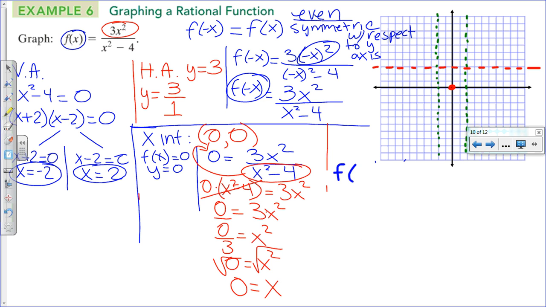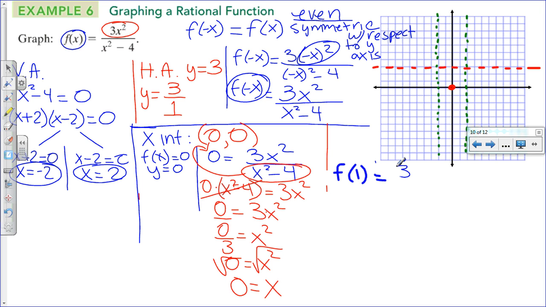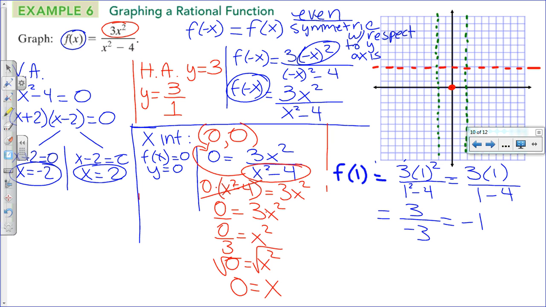If I try to find f of 1, it will be 3 times 1 squared over 1 squared minus 4. 1 squared is equal to 1, so 1 minus 4. 3 times 1 is 3. 1 minus 4 is negative 3. And so 3 divided by negative 3 is equal to negative 1. So from here we get the point 1 comma negative 1.